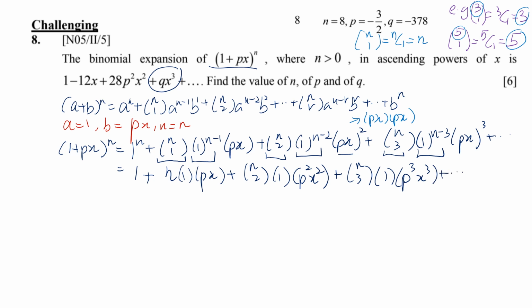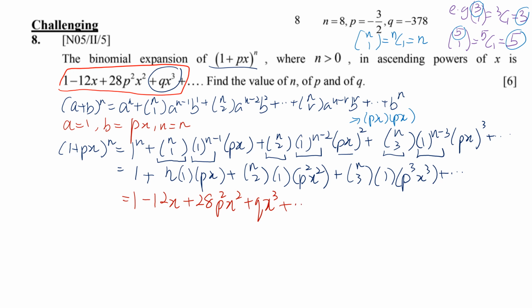And this expansion is going to be equal to whatever that's given here, right? It's going to be equal to 1 minus 12x plus 28 p squared x squared plus qx cubed.